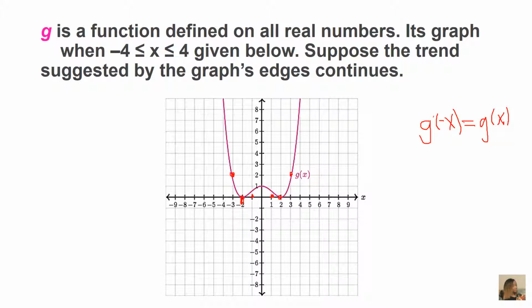And a visual inspection also shows that this function is symmetric about the y-axis. So if a function is symmetric about the y-axis, it's automatically even, okay?